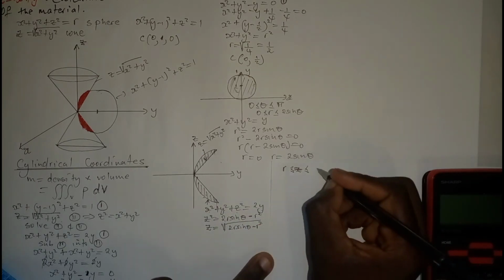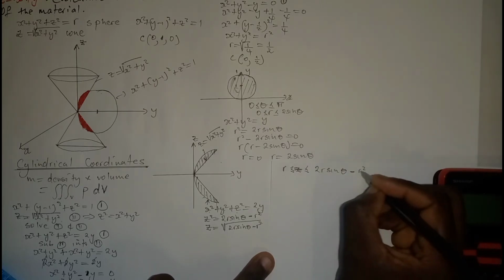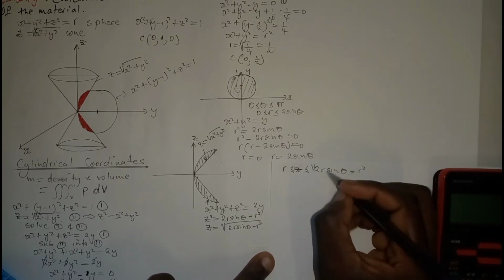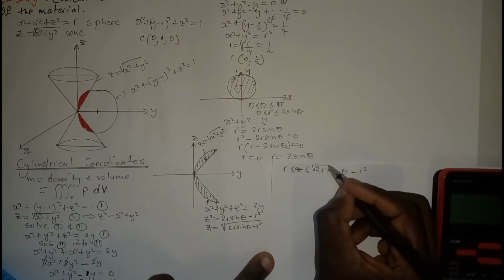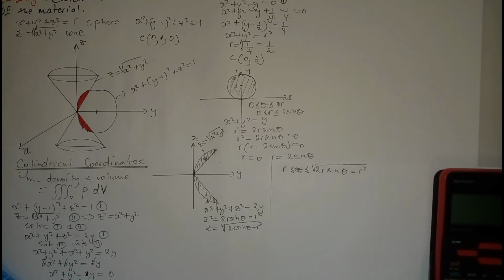Okay, so let's write it as the square root of 2r sine theta minus r squared.